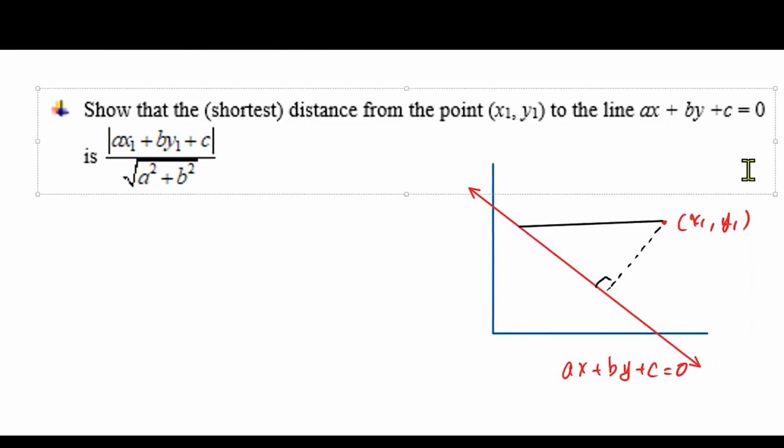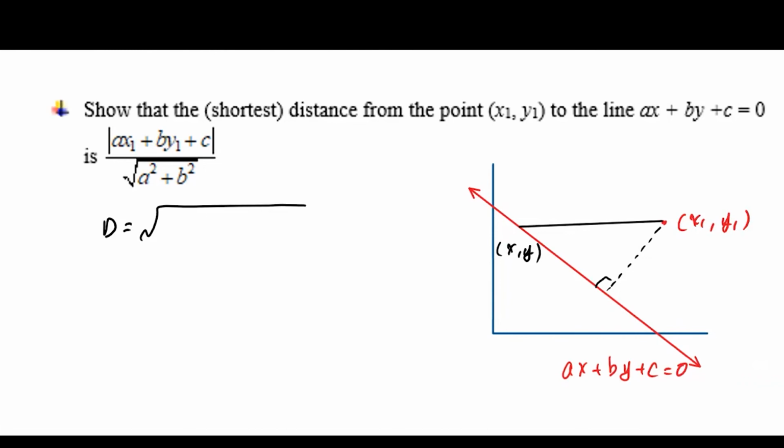So I'm going to call this point x and y because it can move around. It has a one-dimensional degree of freedom on this line. You with me? So I'm going to call it capital D, using the distance formula.